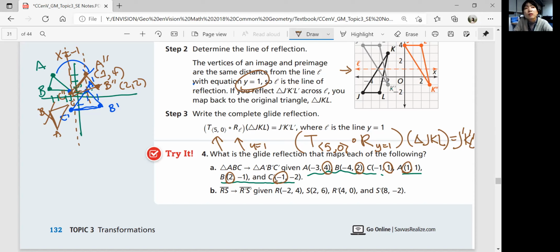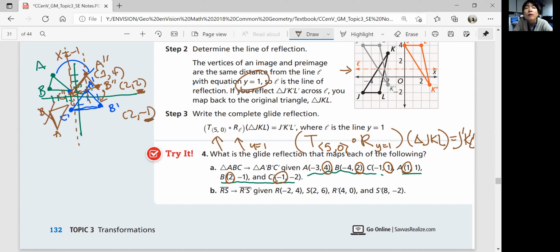And then you can glide down how many units? From height 2, you have to look at the y values. From this point, 2, comma 2 to -4, comma 2. Wait, no. I looked at a different one. B prime, your final image should be what? 2, comma -1. So look at 2 to -1.